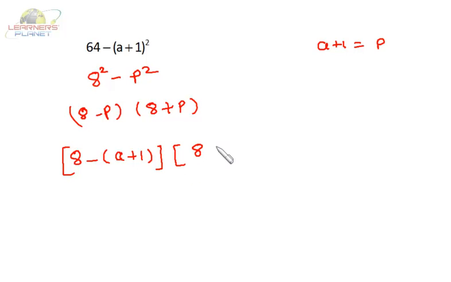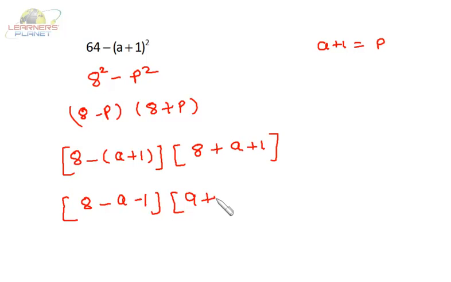Similarly, it is 8 plus a plus 1. Here you can write it as it is. If you do not put a bracket, then also it's okay, since we are having a positive sign before p. Now in this step we have to simplify this. It's 8 minus a minus 1, and it is 8 plus a plus 1, which can be written as 9 plus a. So finally it is 7 minus a and 9 plus a. Very simple.